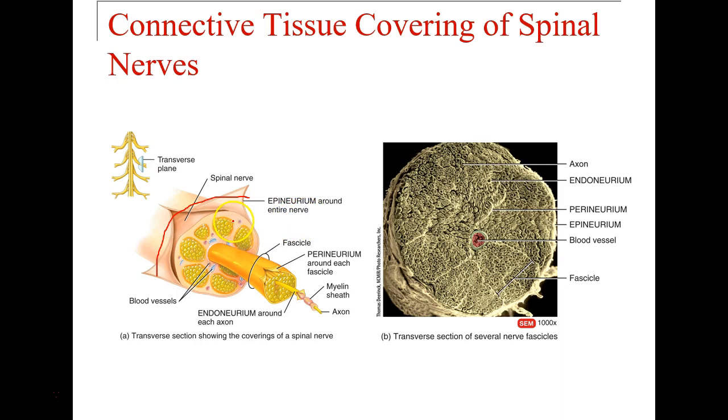Then we organize axons into bundles, which will be known as fascicles. They are surrounded by perineurium. Within those fascicles, we have individual axons, which are surrounded and coated by endoneurium. And then within the endoneurium is where we see the axon and myelin sheath.